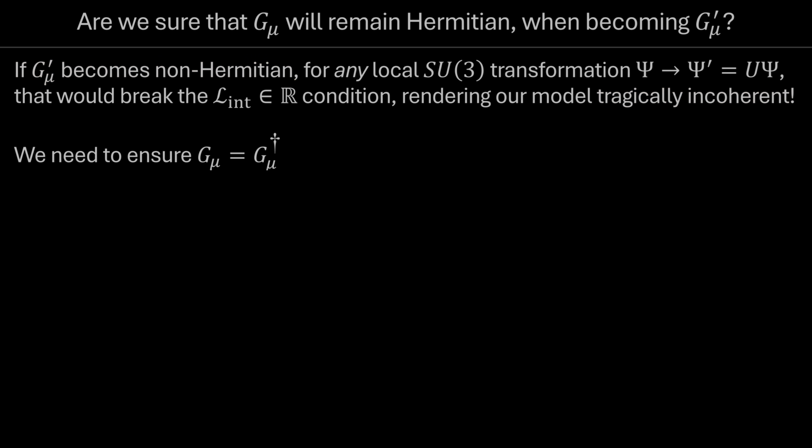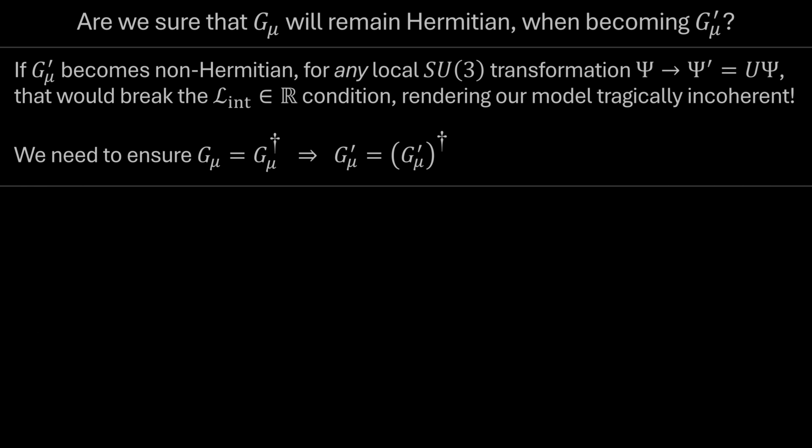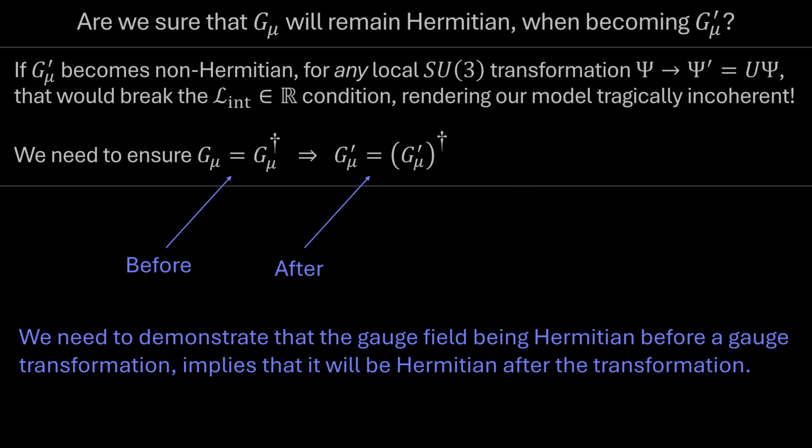So as a consistency check on the ideas that we've been talking about, we need to ensure that if we start off with the Hermitian gauge field, with G mu equals G mu dagger, then in any other gauge, the components of the transformed gauge field are also Hermitian. So G mu prime equals G mu prime dagger for any G mu prime that we can get to from a local SU3 transformation.